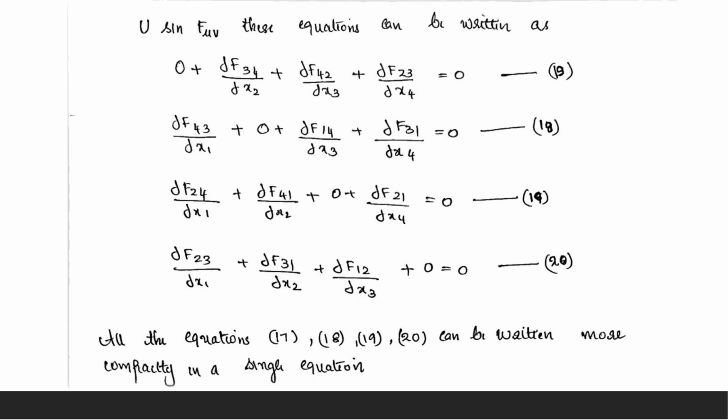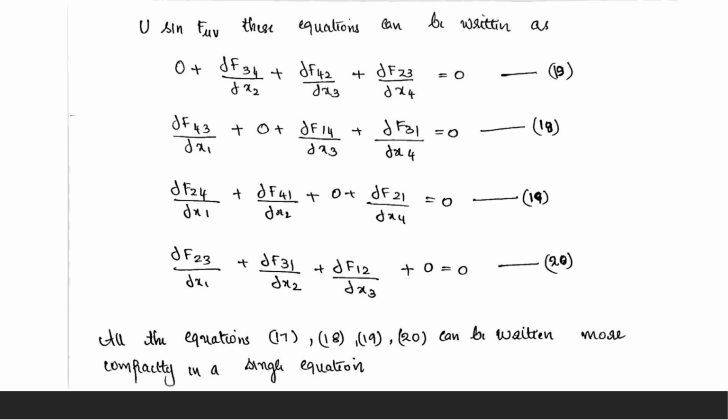Similarly, ∂F24 by ∂x1 plus ∂F41 by ∂x2 plus 0 plus ∂F21 by ∂x4 is equal to 0, which is equation number 19. Then ∂F23 by ∂x1 plus ∂F31 by ∂x2 plus ∂F12 by ∂x3 plus 0 is equal to 0, which is equation number 20.